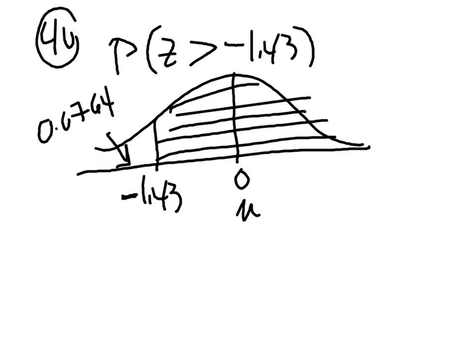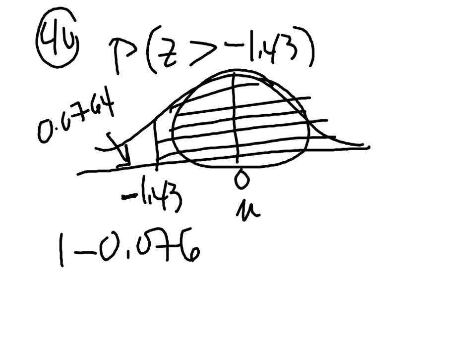So it should make sense that if we want this entire area here, and that both areas add up to 1, in other words, the 0.0764 is the complement, we could just go 1 minus 0.0764 for our area, and that turns out to be 0.9236.